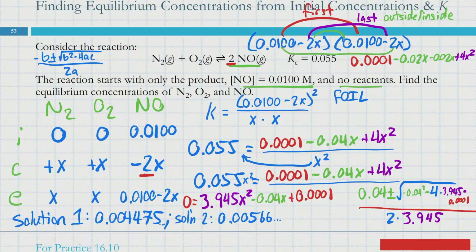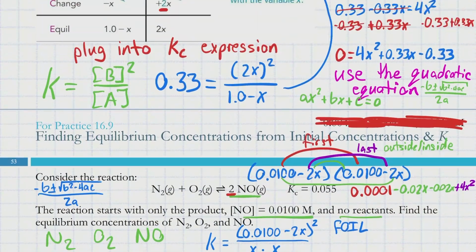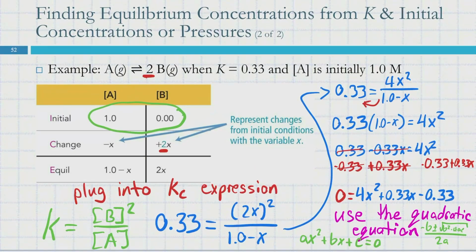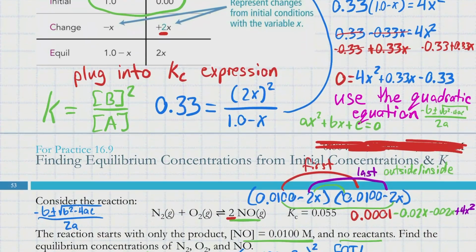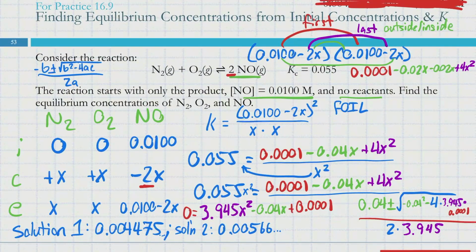In the previous one, I believe you get a negative number. In this example, one of them's a negative number, so obviously you don't pick that one. Or maybe it's not obvious, but you're not going to pick that one. You use the positive one. In this case, we got two positive numbers. And so how do we choose which one of these is our correct solution? Because there can be only one.